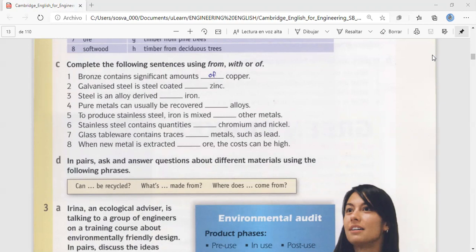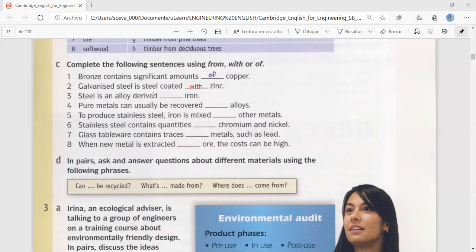Number 2. Galvanized steel is steel coated with zinc. Exactly. Because you use that material in this part. So let me write in here: with. Number 3.